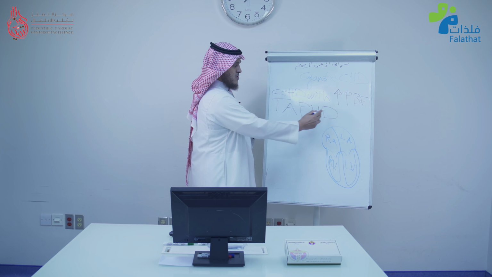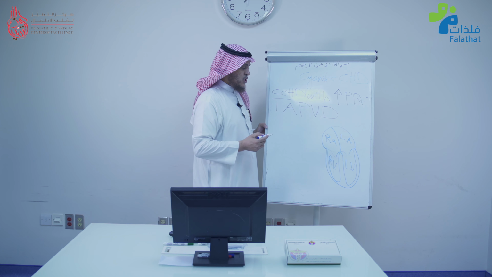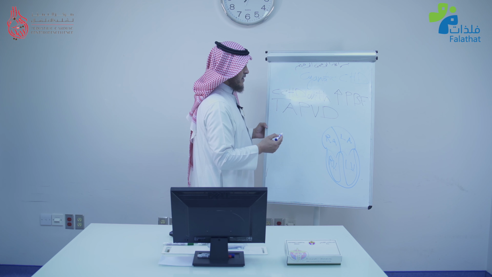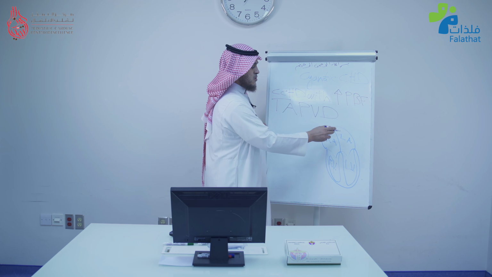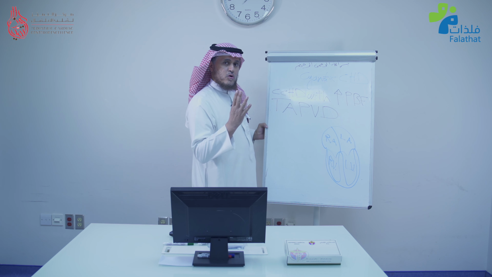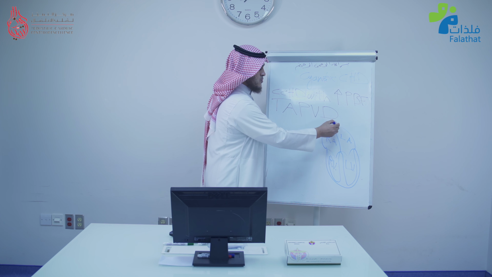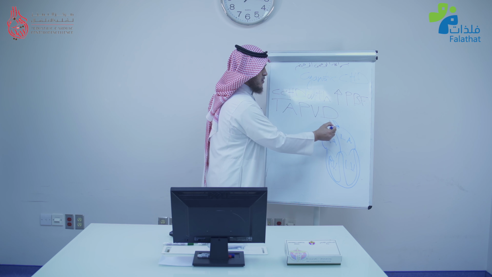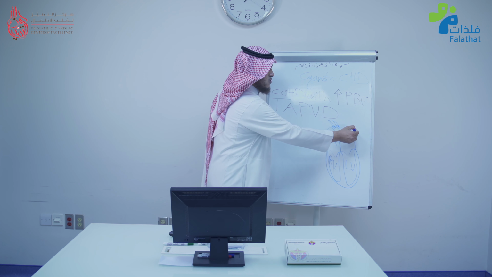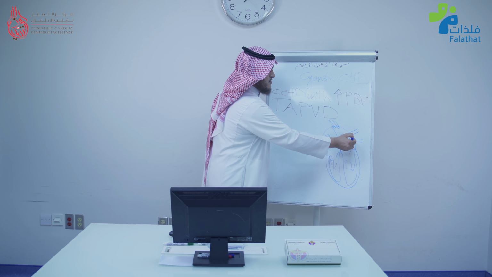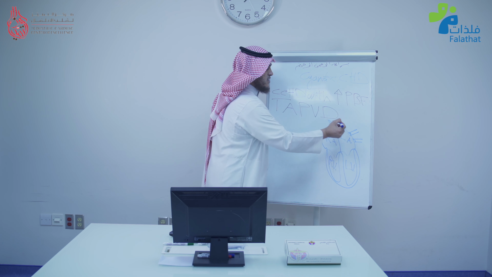Since we are talking about total anomalous pulmonary venous drainage, we are interested in the veins that normally come to the left atrium. We have 4 pulmonary veins that come to the left atrium, 2 to the right side of the left atrium, and the other 2 to the left side of the left atrium.